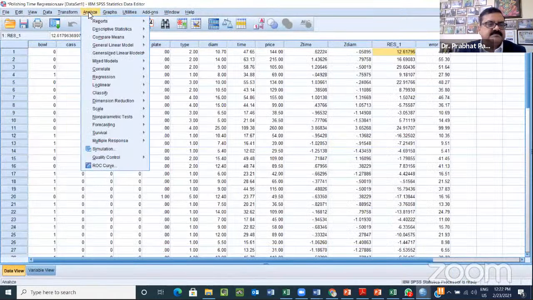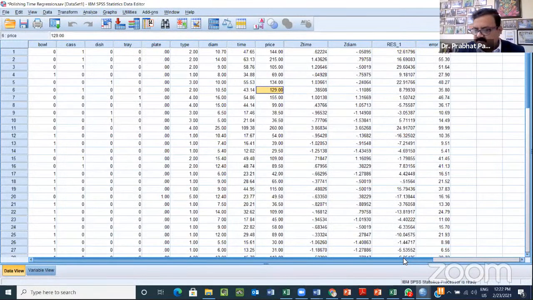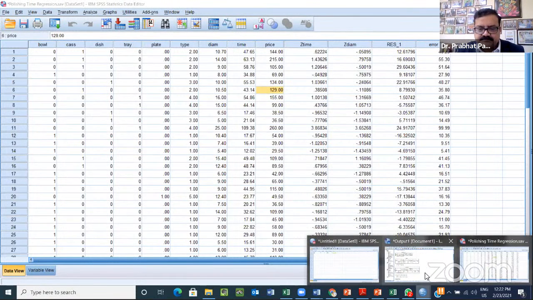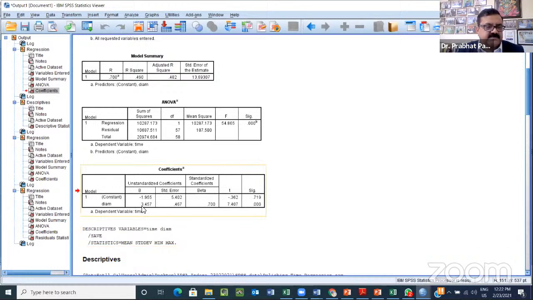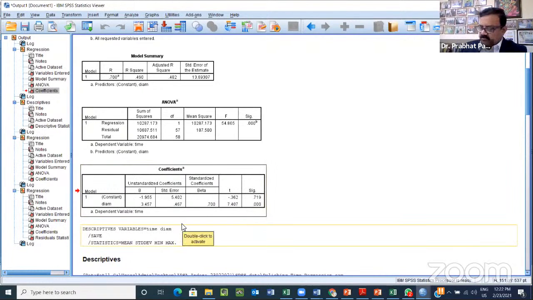Or should we take the constant value also, sir, there? Yeah, so I have taken the constant. Constant is 3.457. So yeah, there is a constant value 3.47. You can see here, that is the coefficient of... Yes. So that's the mistake I have done. It should be minus 1.955. You're right.